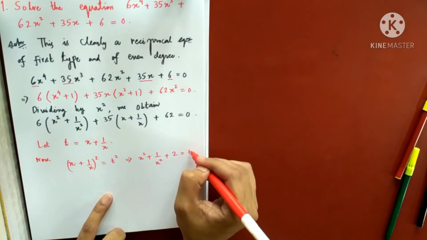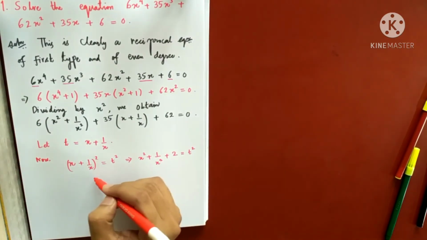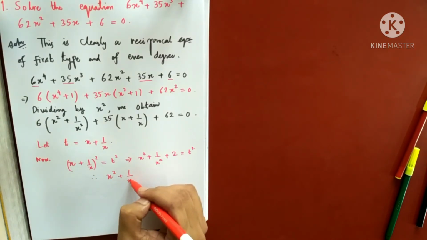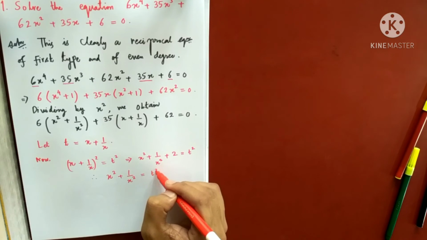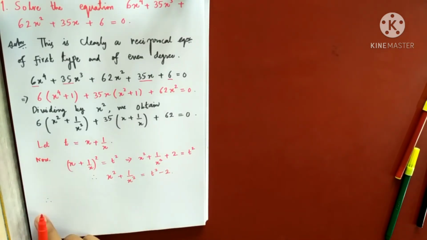I'll remain with t square. Gaurav, you are just very close, but not minus 1 but minus 2, right? So therefore x square plus 1 by x square is nothing but t square minus 2. So therefore what eventually do I have?